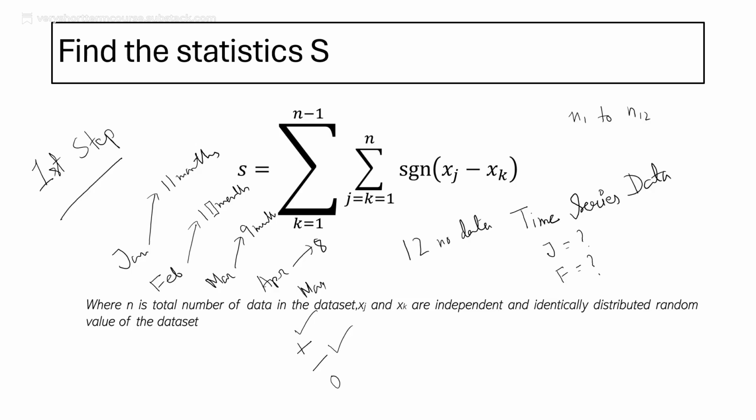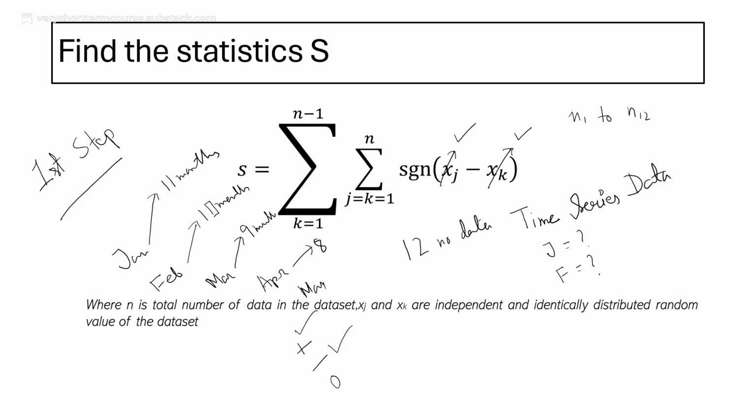Clear? After that, count how many pluses you have got and how many minuses you have got. The number of pluses you have got, you write it here. The number of minuses you have got, you write it here.